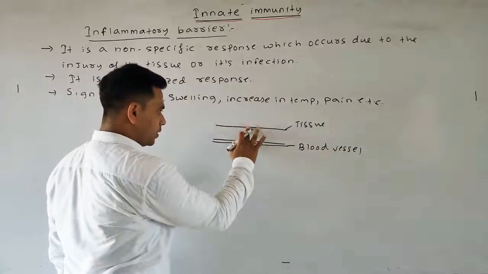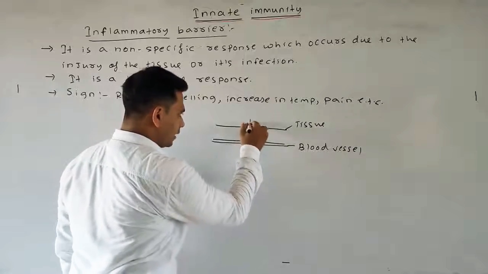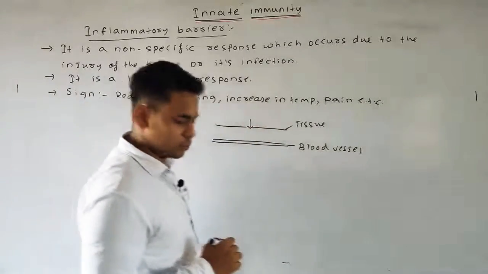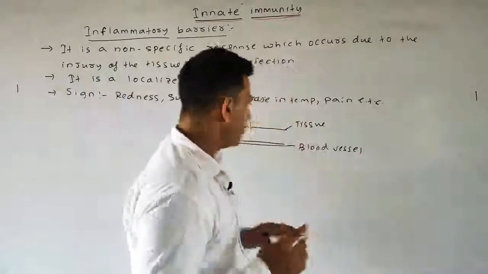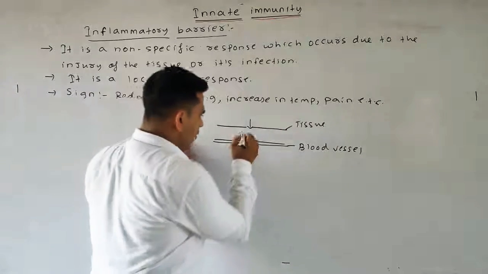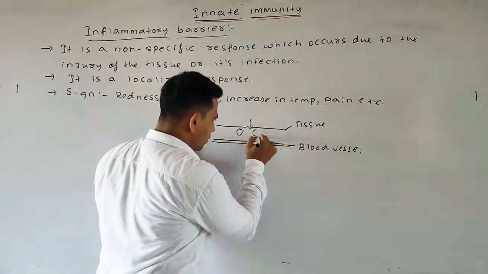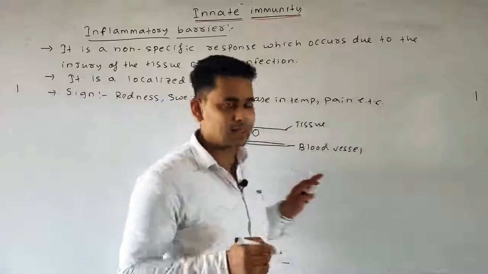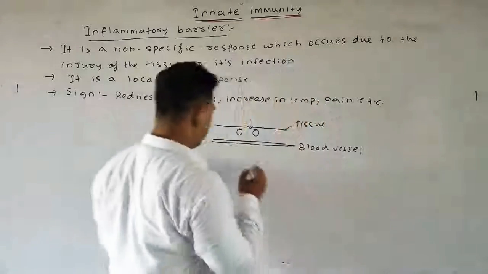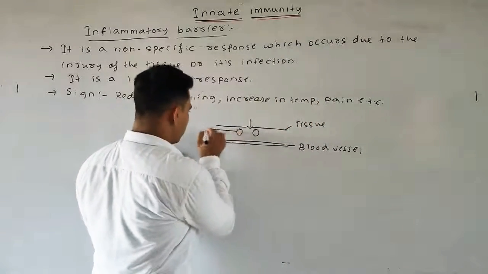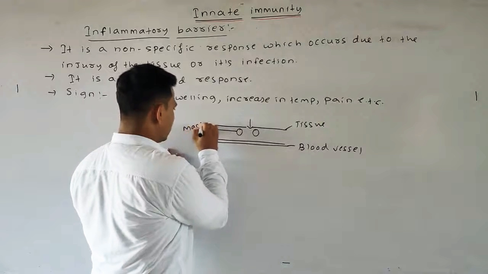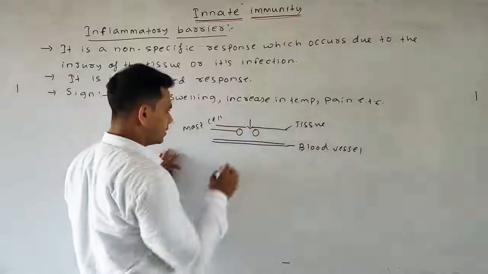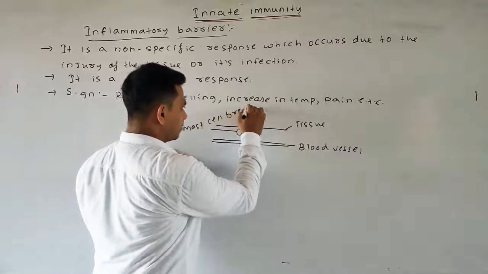And suppose this one is the portion where the tissue injury happens. Whenever the tissue injury happens, the mast cells which are present inside the tissue break.